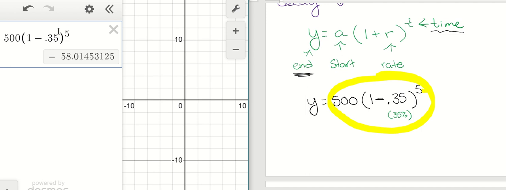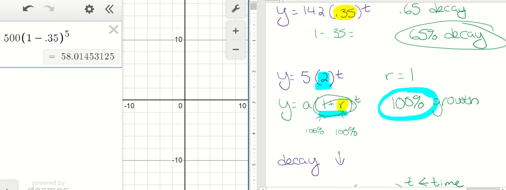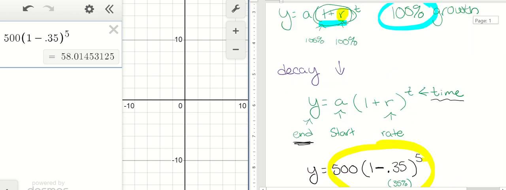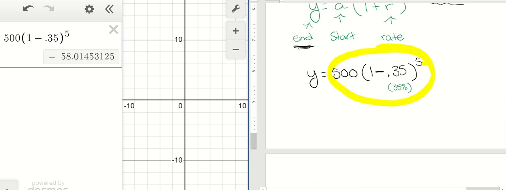That lets us know that at the end of this 5-year period, still writing in highlighter, yikes, we can sell the iPad for $58.01. That's one heck of a decrease. That's kind of a bummer, but at least you got 5 years of use out of your iPad.